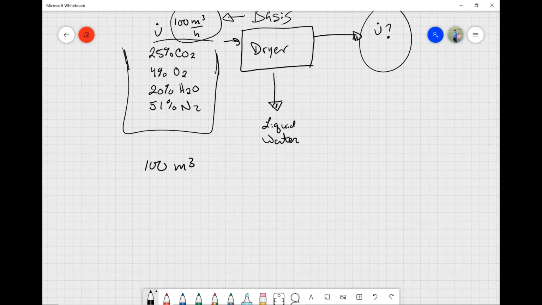That means we can rewrite this composition, and we can take a secondary basis of 1 hour.